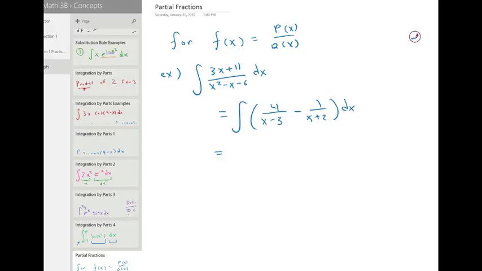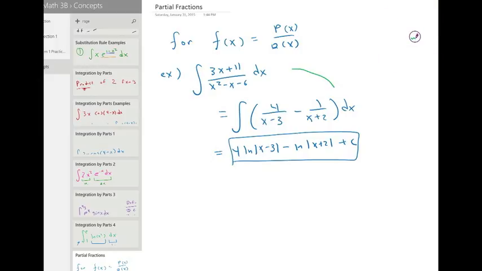This is just 4 times 1 over x minus 3, which is going to be ln of absolute value x minus 3, minus ln of absolute value x plus 2, plus c. And if you didn't get how I got that, then try looking at the videos on the substitution rule. So what this video is concerned with is how you get from this to this.